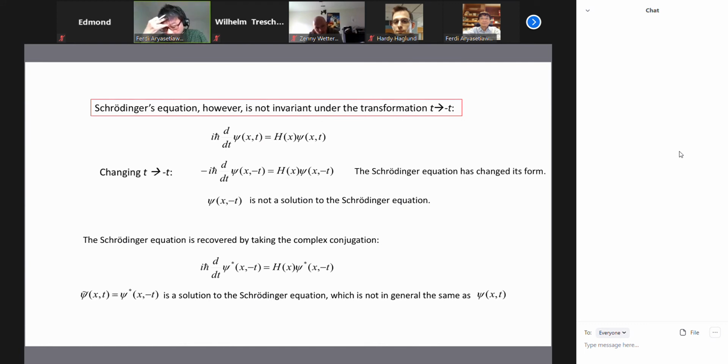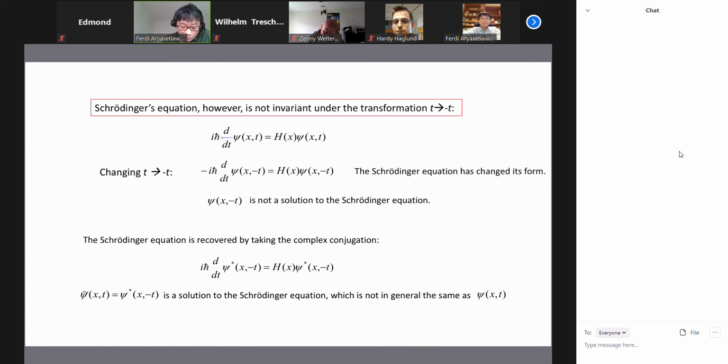Okay, so maybe I can just continue a little bit here because we are at it. The Schrödinger equation is not invariant under simple time reversal, where simple means just changing t to minus t. And we can easily see this. We start with the time-dependent Schrödinger equation.